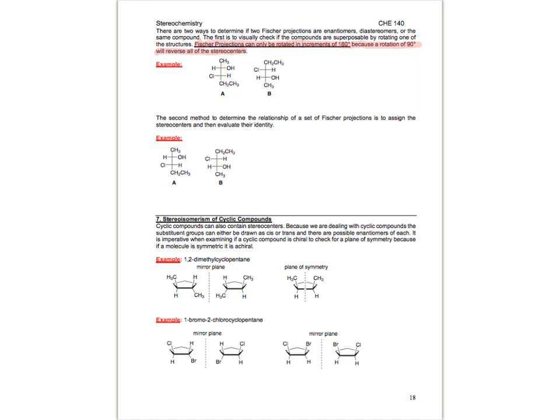Horizontal bonds mean they're coming out at you. So if you were to rotate this 90 degrees, you are going to reverse the stereochemical configuration at each one of those stereocenters. So you can't do that. So what we're going to do here is we're going to take compound B and rotate it 180 degrees to see if it lines up or superposes on compound A.